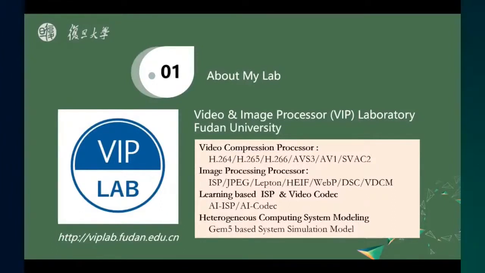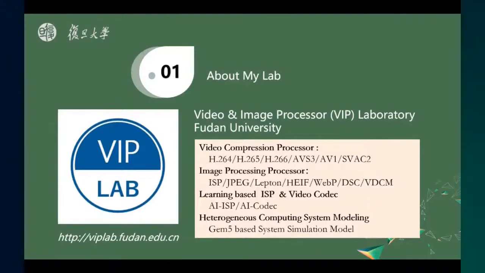The second part is image processing processors. In this part, we do research on ISP and also image compression like JPEG, Lepton, HEIF, WebP, DSC, and VDC-M. The third part is mainly focused on algorithm level research.